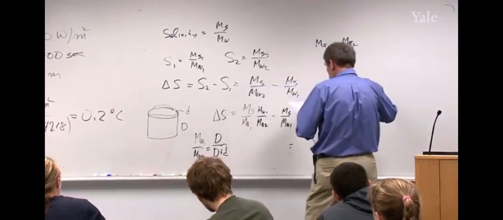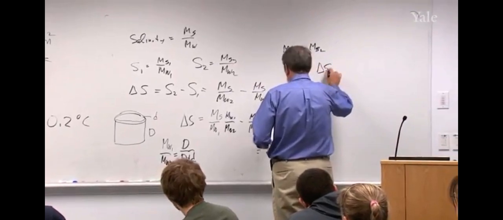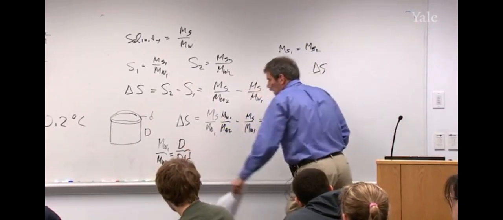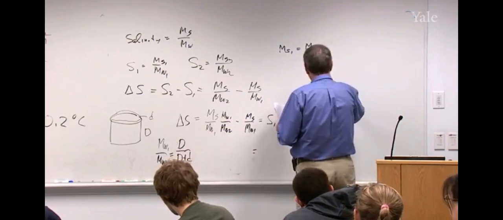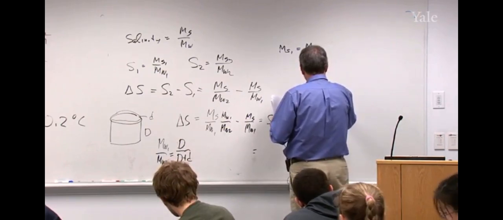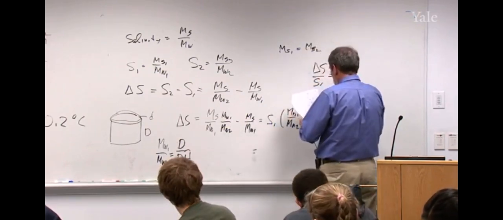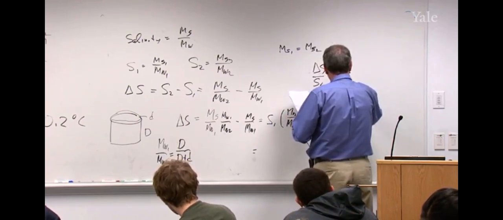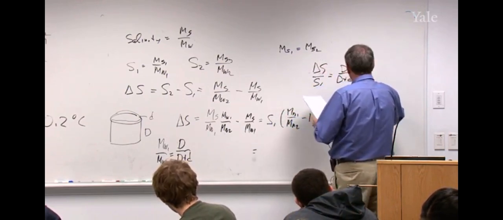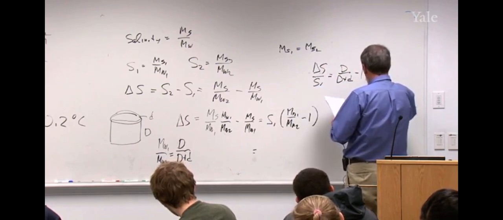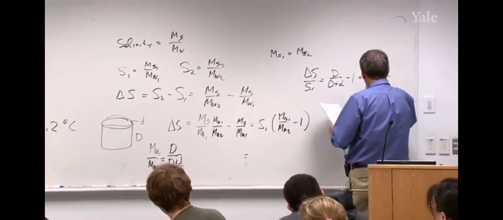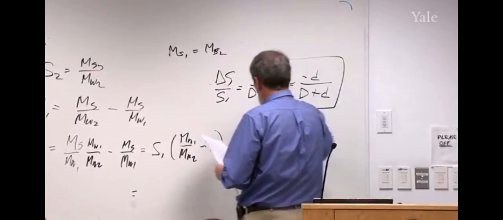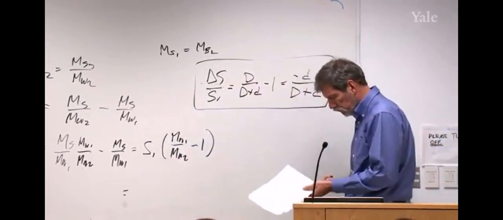So I'm going to take this formula, divide through by the S1, and use this little added formula. So delta S over S1 can be written finally as big D over D plus little d minus 1, which can be simplified to minus little d over big D plus little d. And that's the formula that we're going to use.